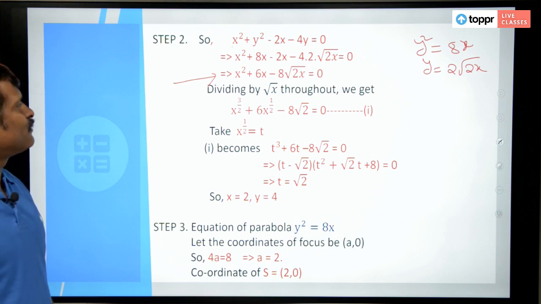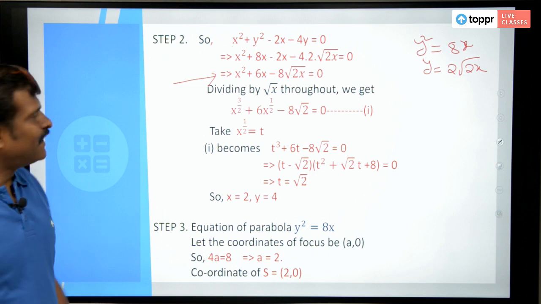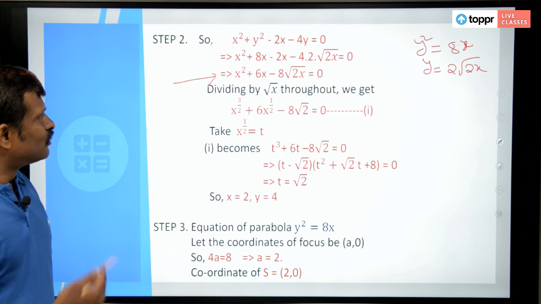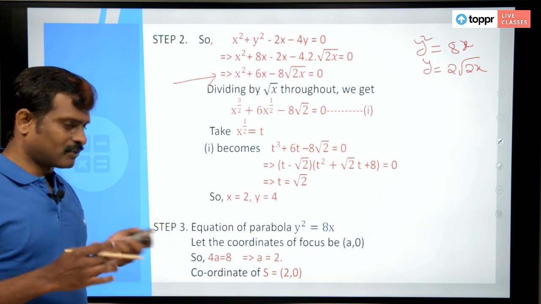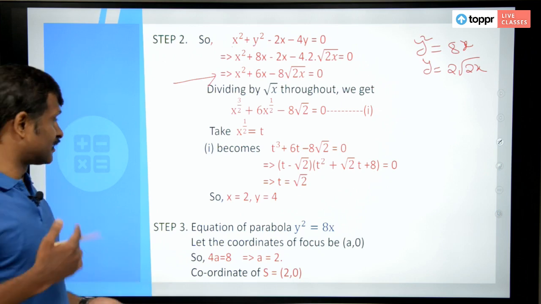So what we are trying to do here is divide it by root x throughout, on both the left and right hand sides. This is an equation, so we need not care about the sign.